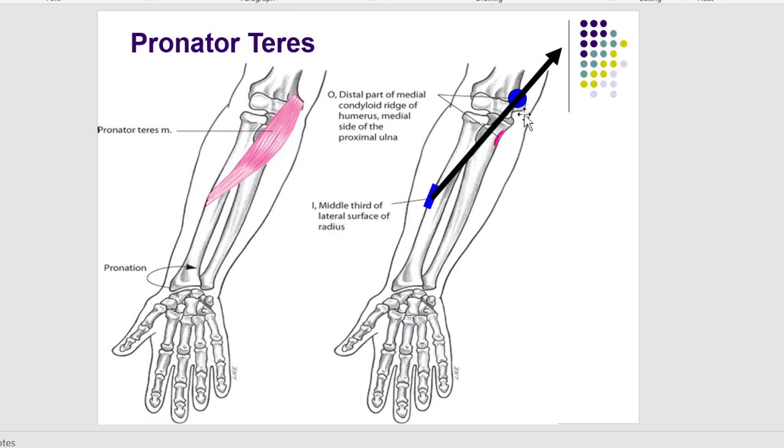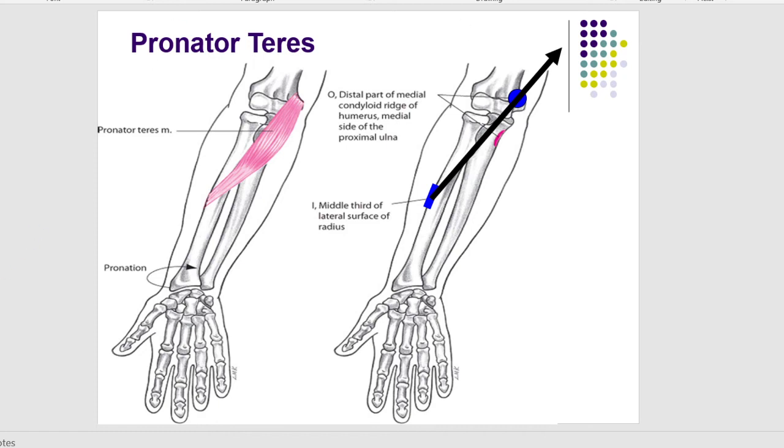When you pronate, the radius crosses the ulna. The position of the palm when you pronate is facing downward. When your palm faces upward, that is supination. So pronation is the opposite.